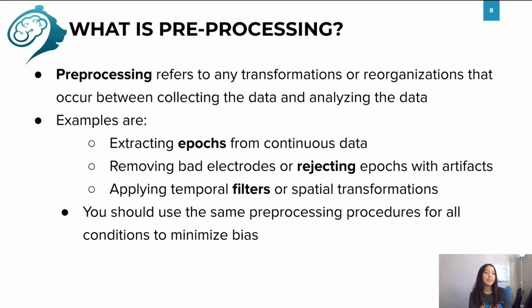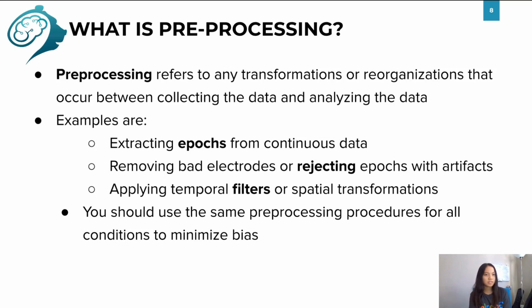So, what is pre-processing? Pre-processing is all the steps that you do to your data between acquiring the raw data directly from the experiment and the stage where you're ready to start doing the analysis, like time frequency analysis. Some pre-processing steps organize the data to facilitate analysis without changing any of the data, such as extracting epochs from continuous data.